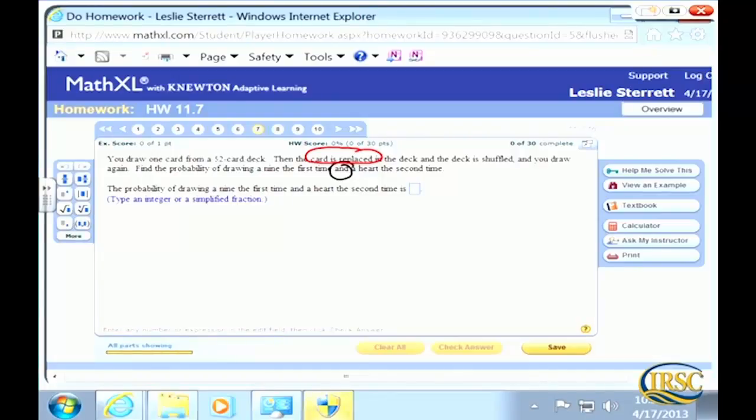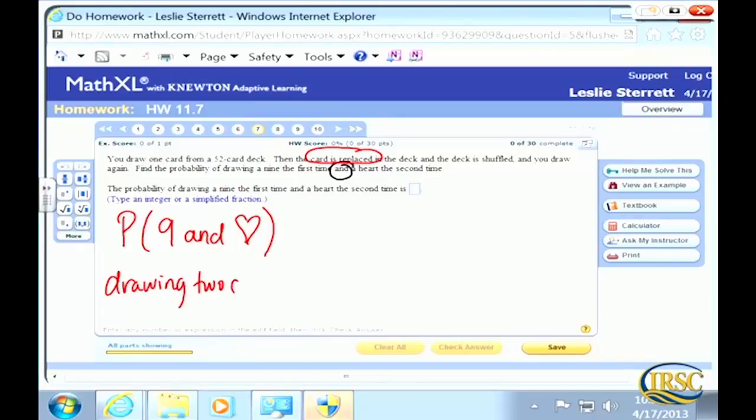All right, so it says the probability of drawing a 9 the first time and a heart the second time. So probability of a 9 and a heart, okay, drawing two cards. So we're looking for the probability of a 9 times the probability of a heart.